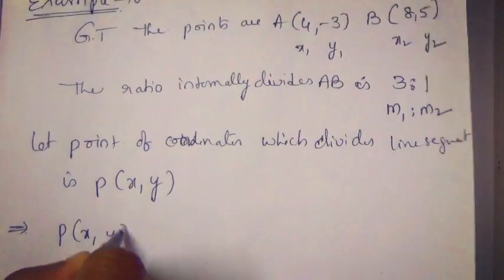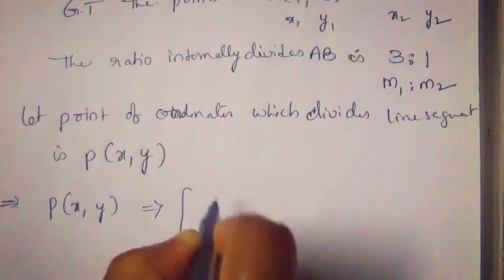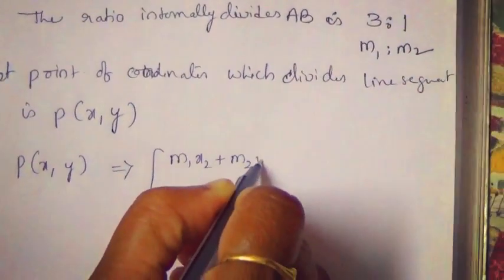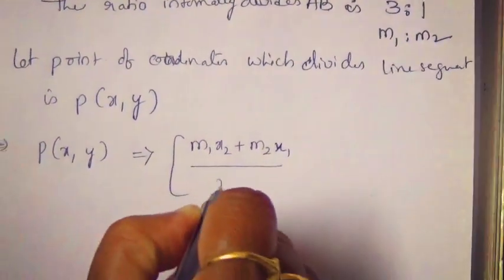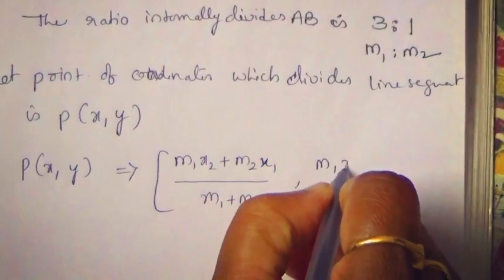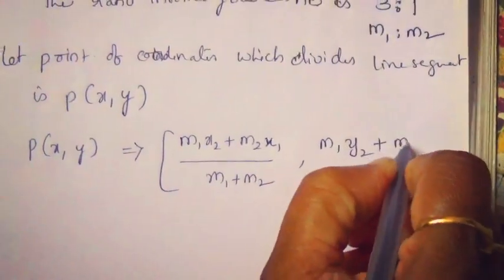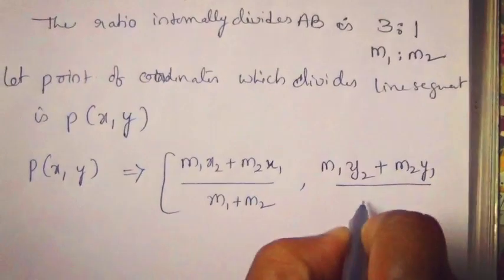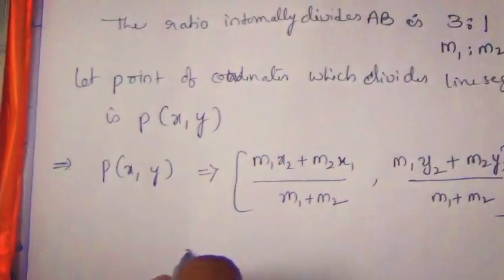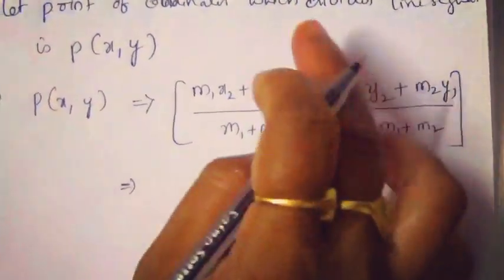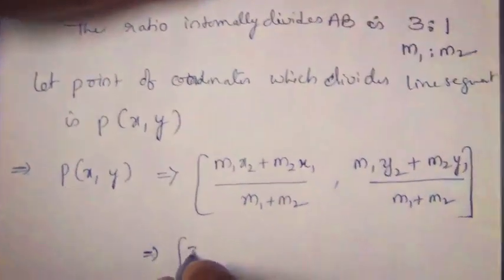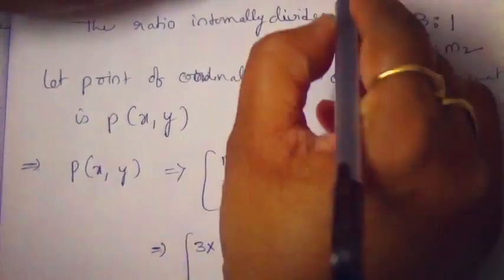P(x, y) is equal to (m1 x2 plus m2 x1 by m1 plus m2, m1 y2 plus m2 y1 by m1 plus m2). It is the section formula. That implies you just substitute these values from here, right? What is m1? 3 into what is x2?